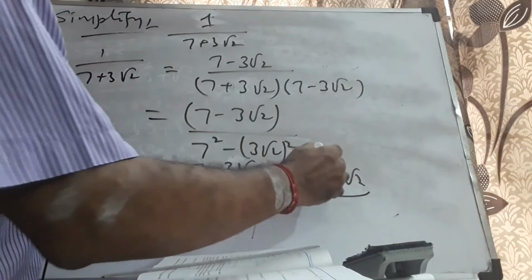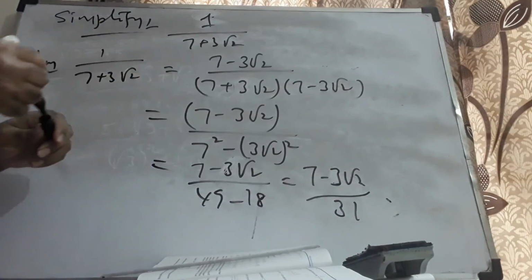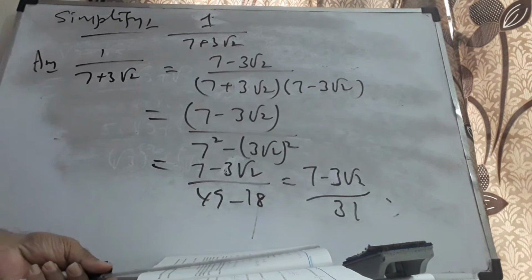If you are given some particular value for root 2, you can substitute and simplify.